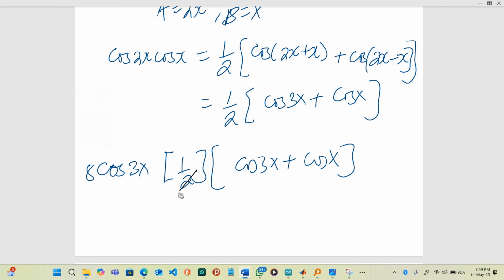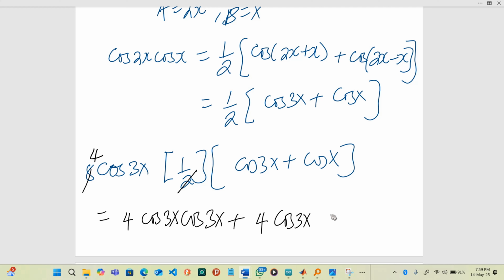I can say this 2 and this 8 will go. So we have 8 by 2, we have 4. And then we open brackets. So this becomes 4 cos 3x, plus 4 cos 3x and cos x.